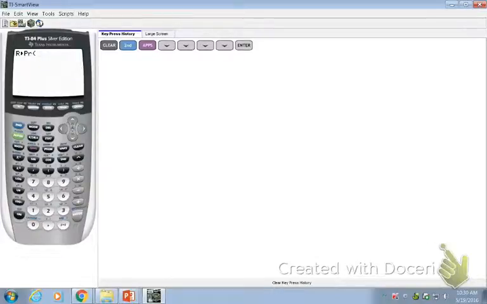Put in our ordered pair of -3, 3. That gives you a 4.24.